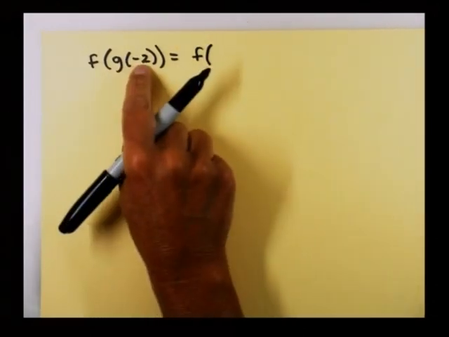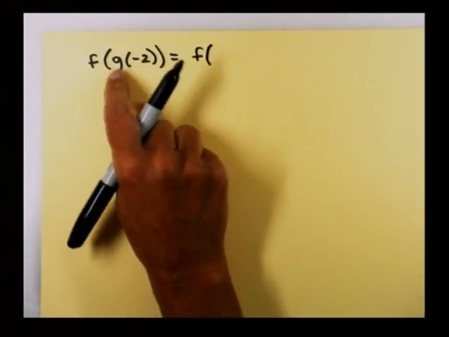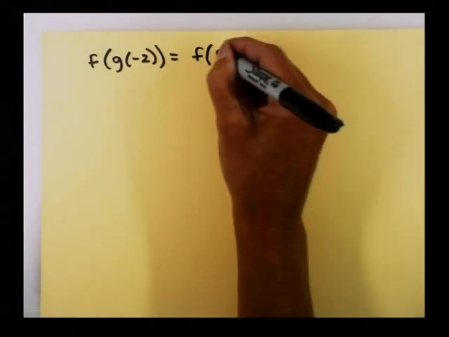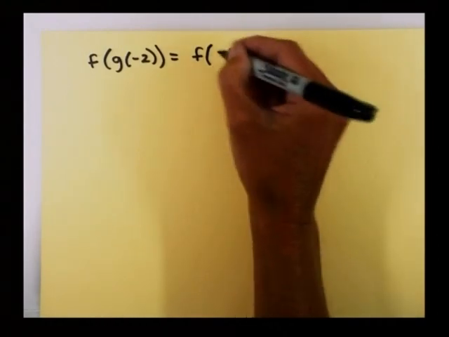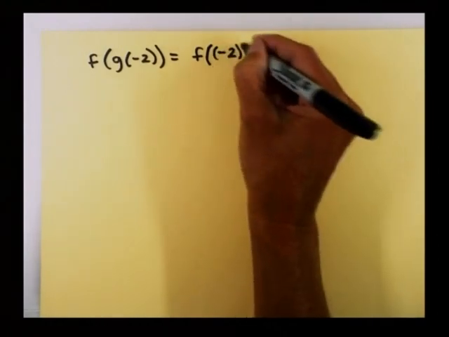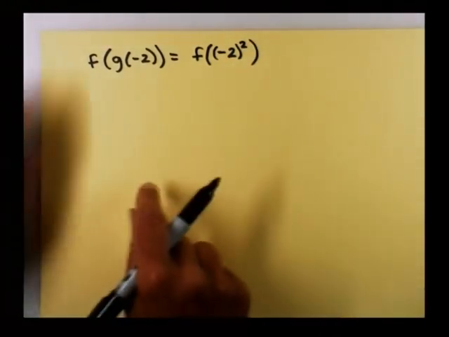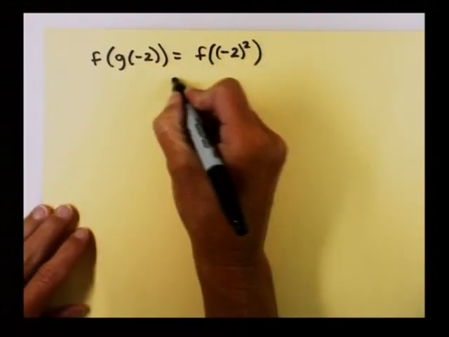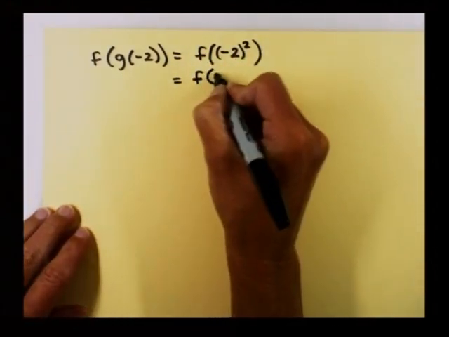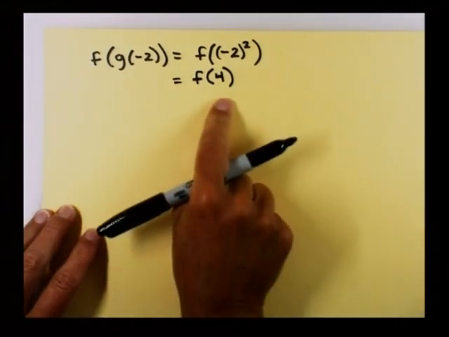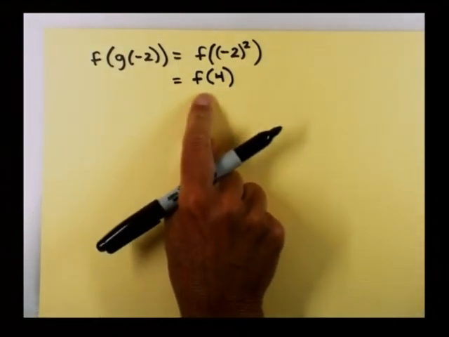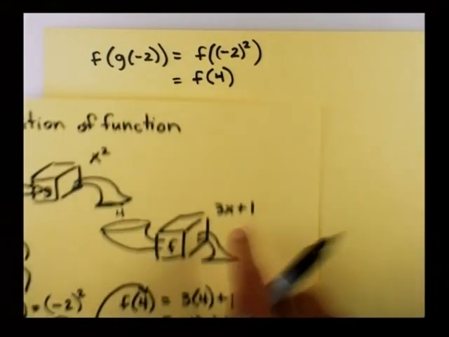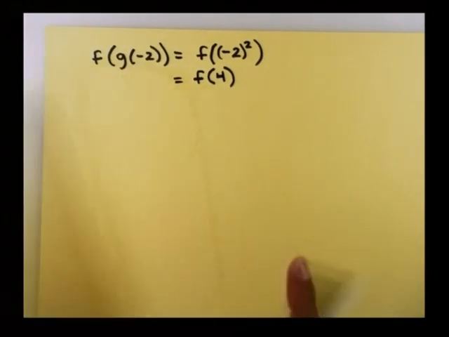So f of G of negative 2, my equation for G was x squared, and I'm putting the negative 2 in where the x was. Still have the f here to show that I'm going to take that answer and now plug it into my f equation. My f equation again was 3x plus 1.